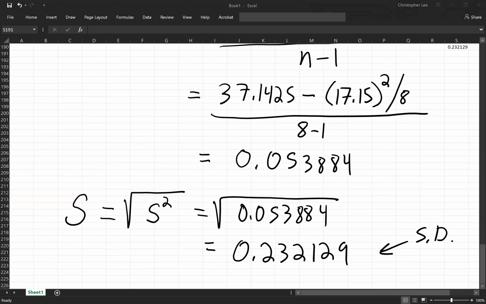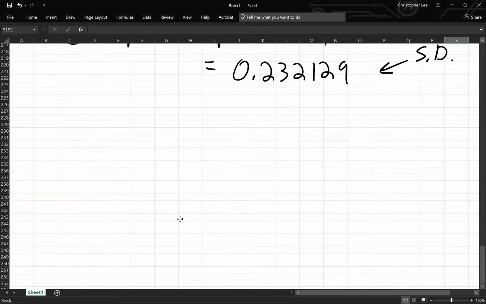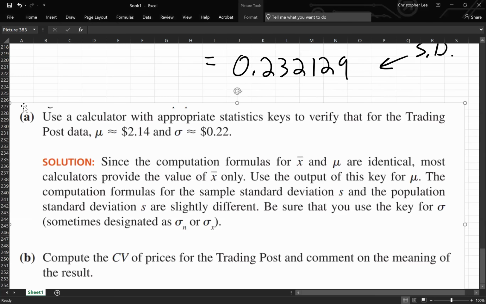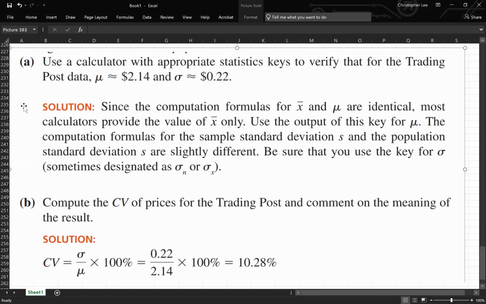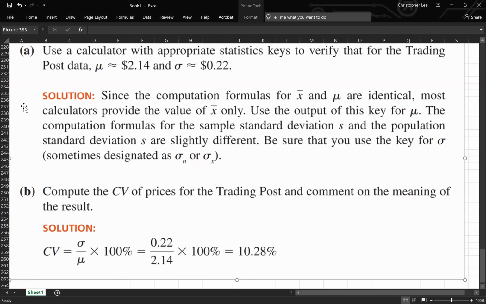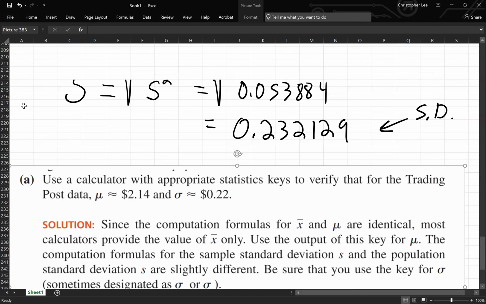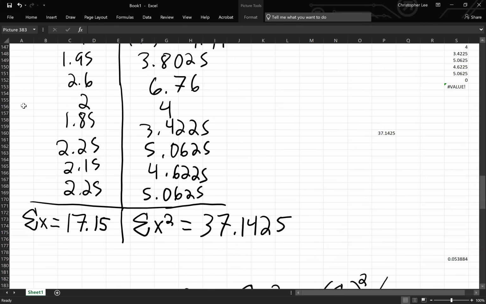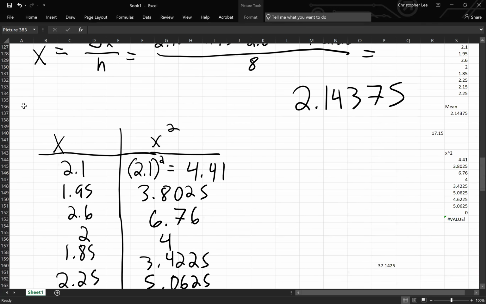There's a little bit more to it, right? After we find the mean and the standard deviation, we want to do the new thing that we just learned, which is the coefficient of variation. So, written in English, we use the calculator to find the 2.14 and the 0.22. Even though our numbers are a little bit extended, you can round it off, because we're talking about money.